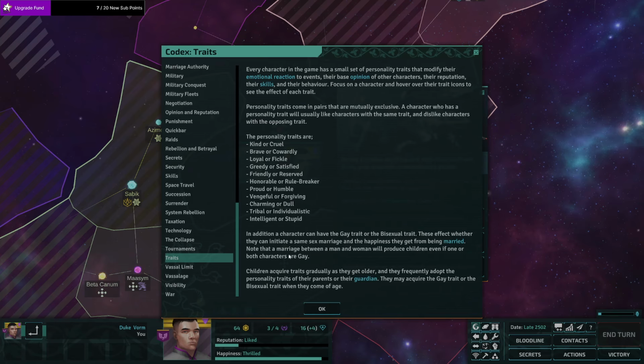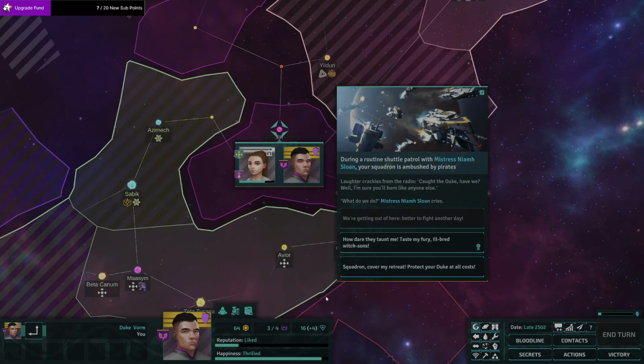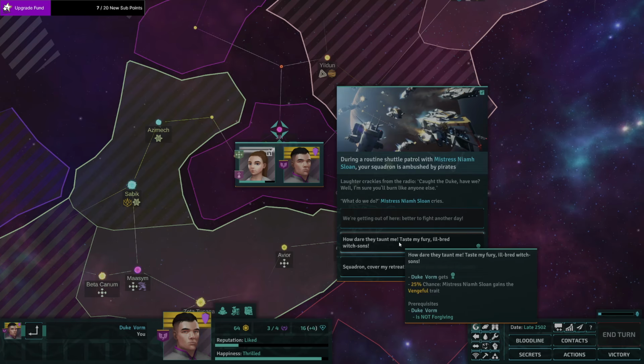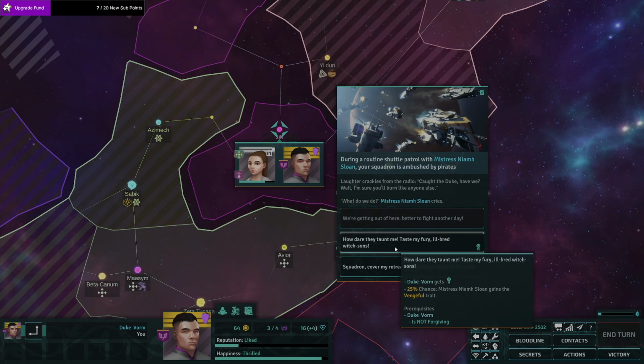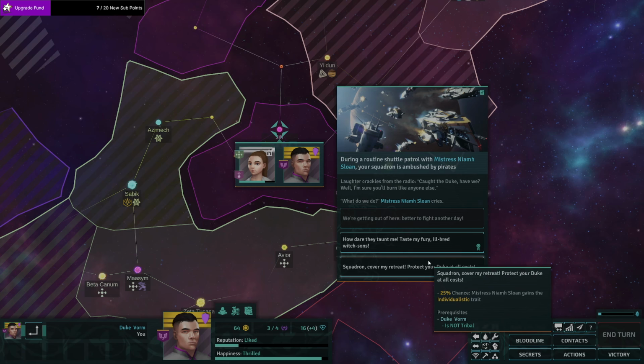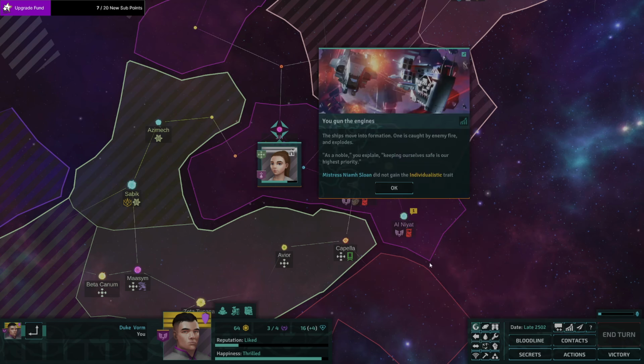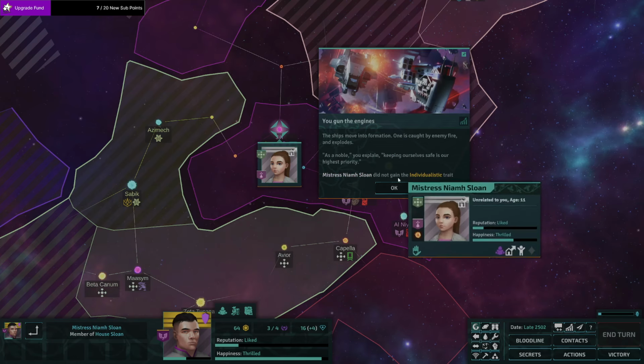Without going and finding somebody that has that particular trait and pointing at it, there's no list anywhere. I don't have the faintest idea how to make this decision. What is the actual consequence of the vengeful trait or the individualistic trait? Well, I guess I'll go for the individualistic trait. Did not gain the trait.